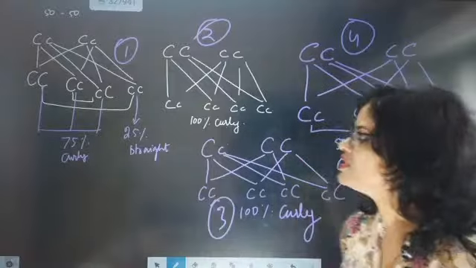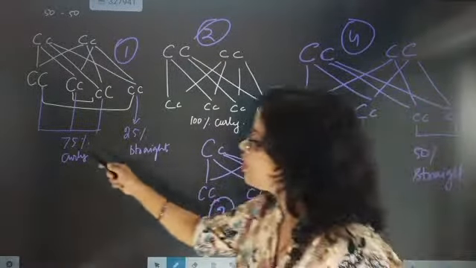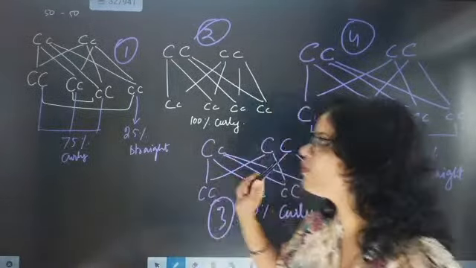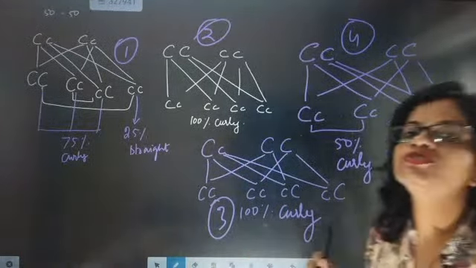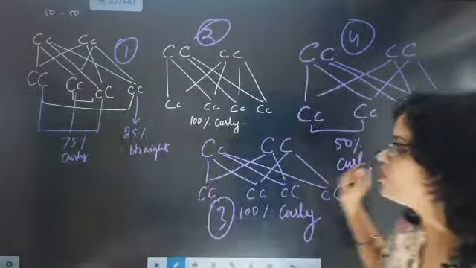Okay, so that means here the chances are that either she has picked from 50-50 or she has picked from 75 and 25. So these are the only two options left for having straight hair. Understood? For having straight hair, these are the only chances.